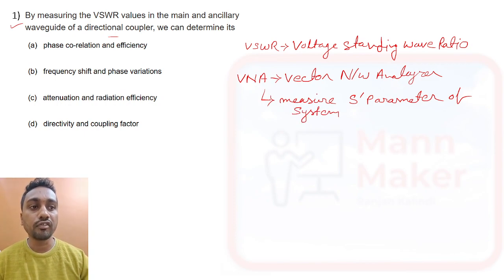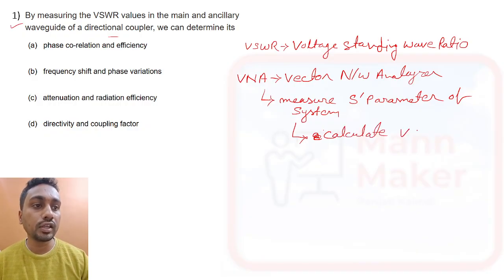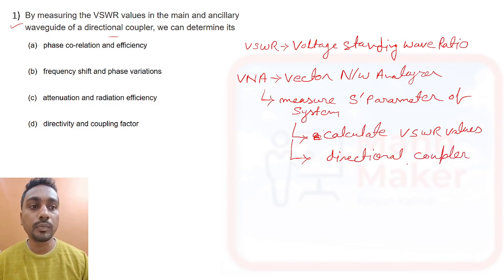Once we know the S parameter of a system, then using this S parameter we can calculate VSWR values as well as the directional coupler of a system.